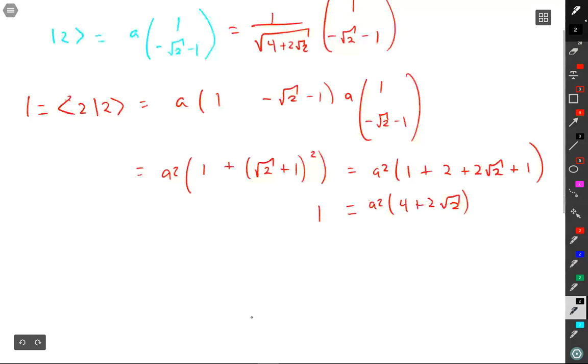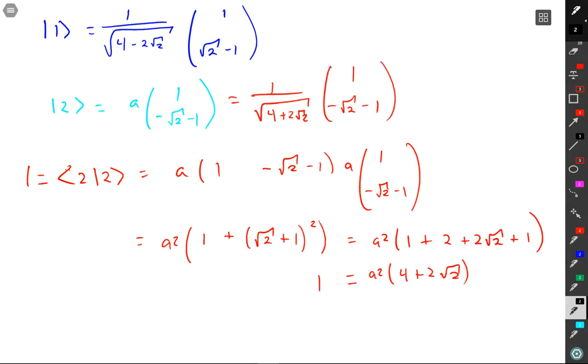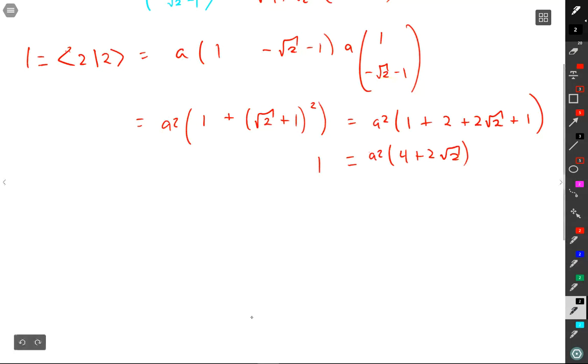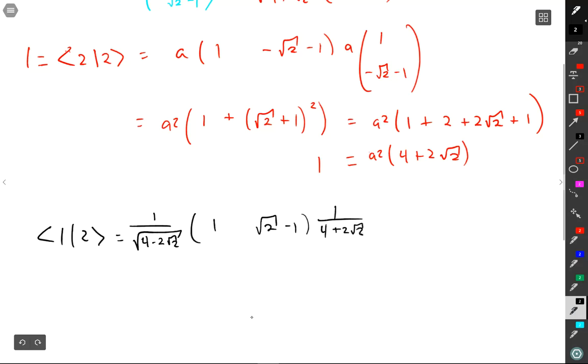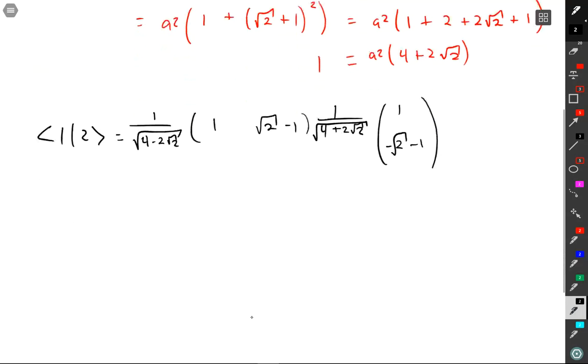So to check the orthogonality, I'm going to have this. It looks really ugly.